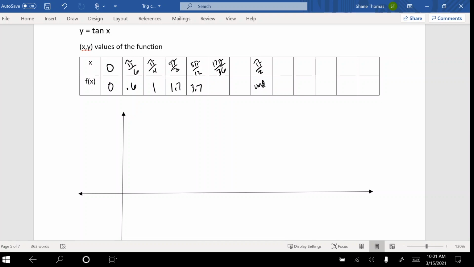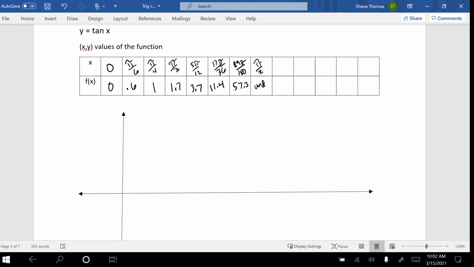We're getting pretty close. That's actually going to be 11.4. So we're getting really, really darn close. Now I'm going to go one really, really high. All right, I'm going to go 89 pi over 180. That's about as close to pi over 2 as you can get, right? That number would actually be 57.3.